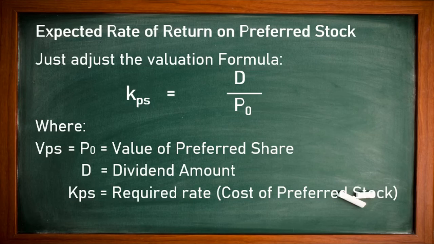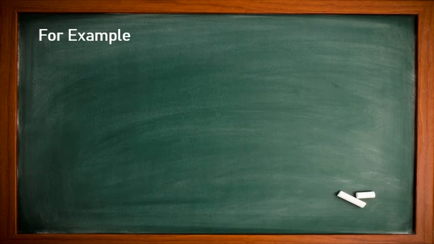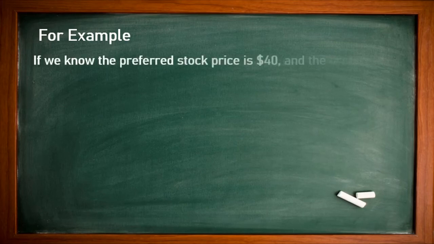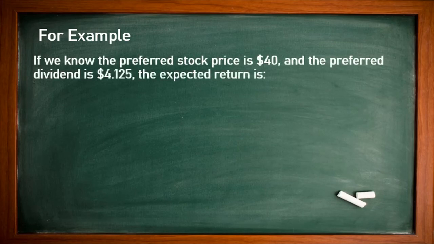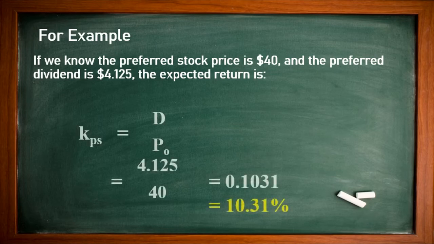Let's continue with the solution. We'll take an example to apply this formula as well. Suppose the preferred stock price is $40. Before, we calculated the price, but now we know the price, and the preferred stock dividend is $4.125, and now we need to calculate the expected return.